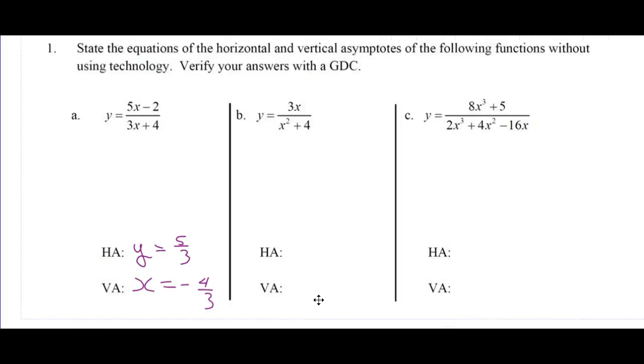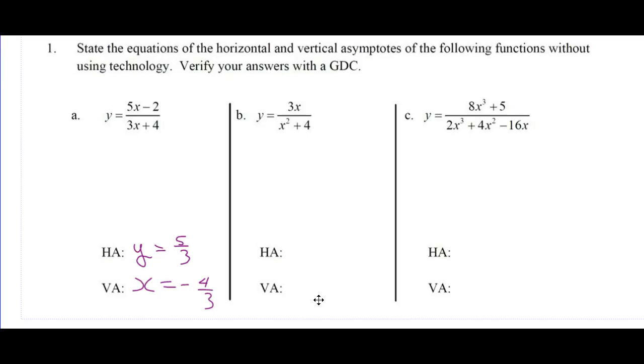Let's do this one. Y equals 3x over x squared plus 4. So what's the horizontal asymptote? We'll be looking at kind of 3 over x. What happens when you divide 3 by x? 0, right? Because the x is going to get larger. So when we're looking at horizontal asymptotes, we're looking for large values of x.